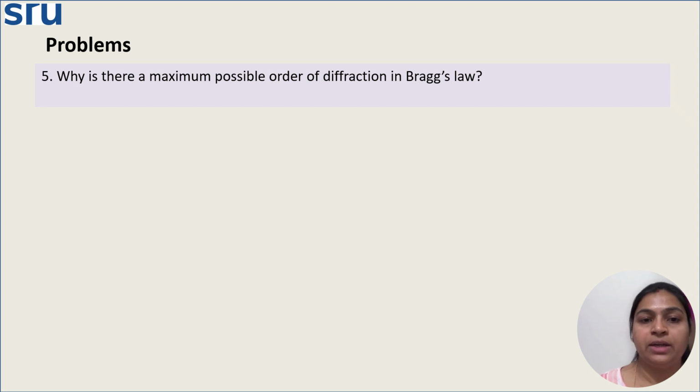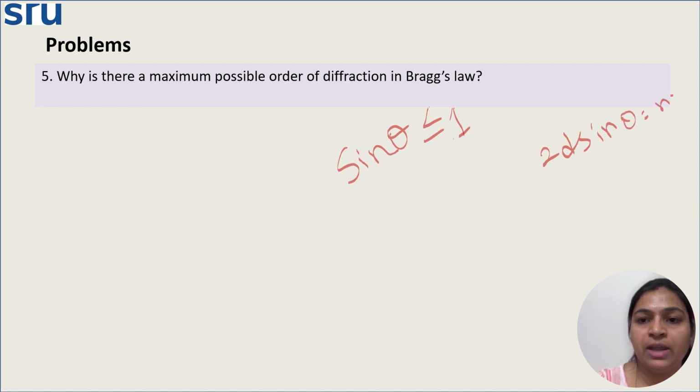We know that the sine theta value is less than or equal to 1. So from our Bragg's law, 2d sine theta is equal to n lambda, one can write the formula as sine theta is n lambda divided by 2d.